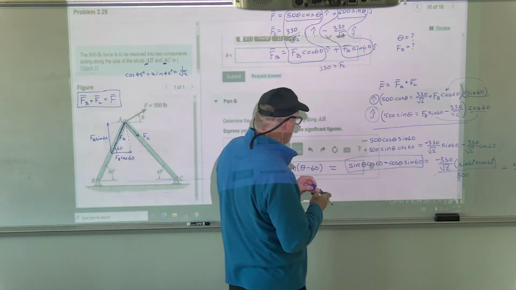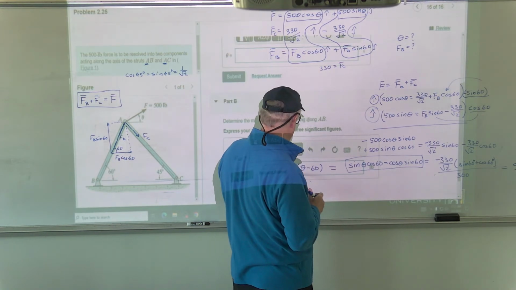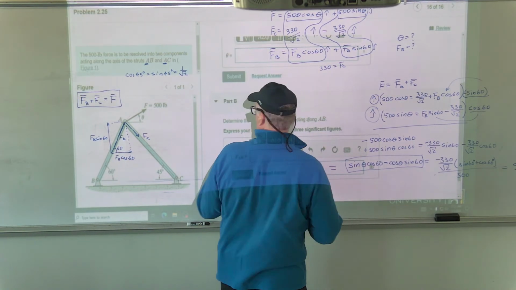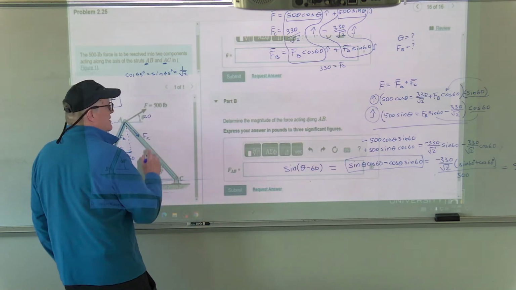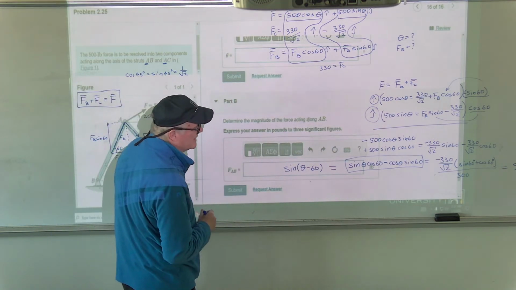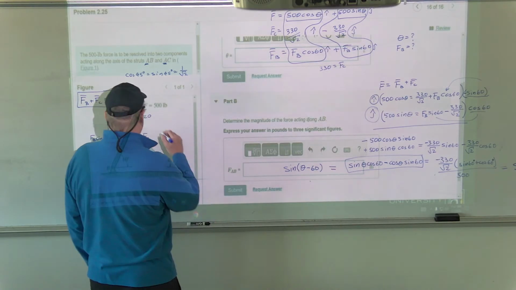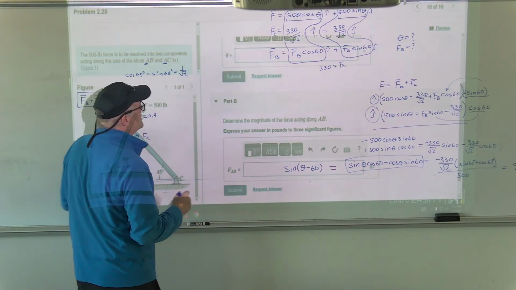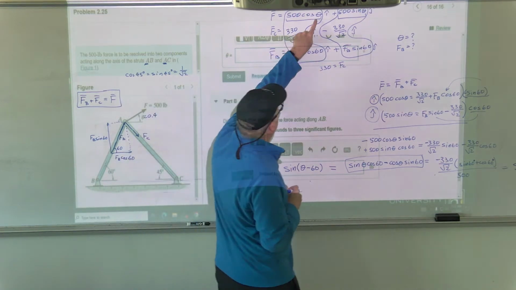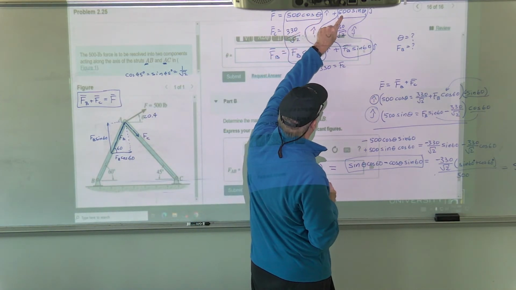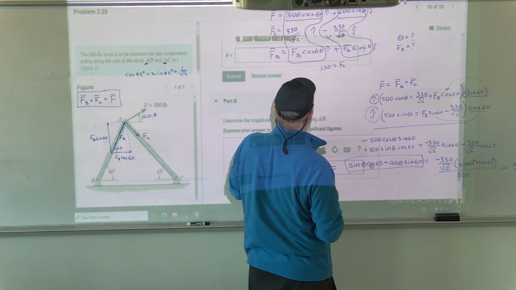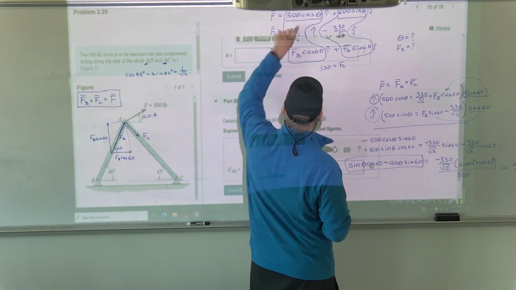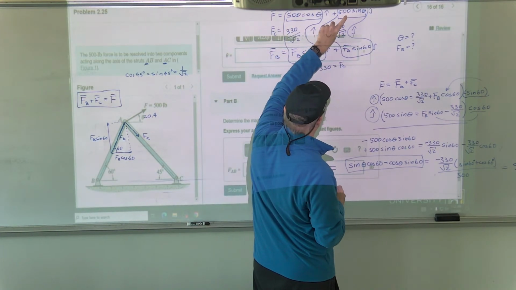So once you come up with your angle, which is probably going to be the 20.4 for me, then you can take it and put it in here and here. And then it's kind of up to you, but you could take this one or this one and solve it.